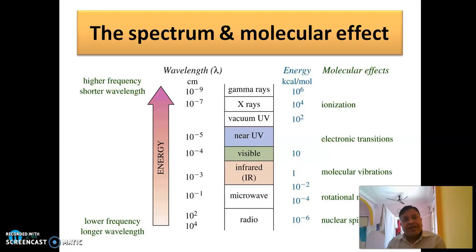This electromagnetic radiation is divided into several different regions as per the wavelength. Less than 10^-9 centimeter, that region is called the cosmic region.